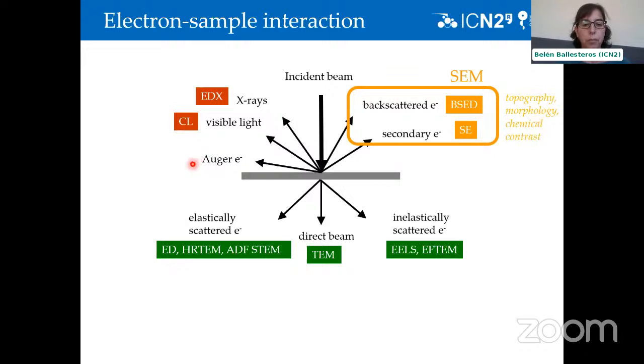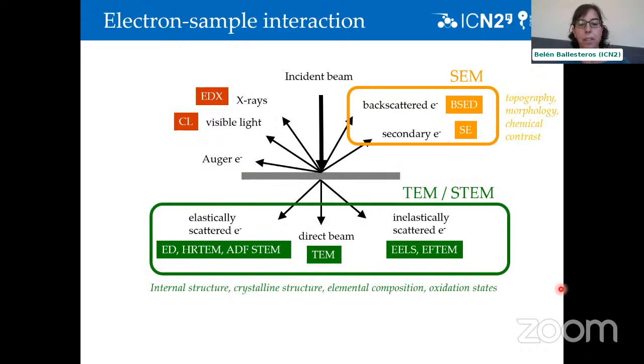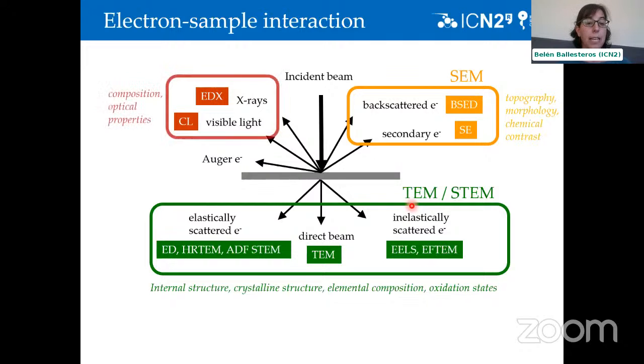On the other hand, if we work in a transmission electron microscope that's going to detect this signal here, we will get information on the internal structure, crystalline structure, also elemental composition and oxidation states if we work with EELS or EFTEM. And last but not least, we can also use an EDX detector or cathodoluminescence, for instance, and detect these signals here.